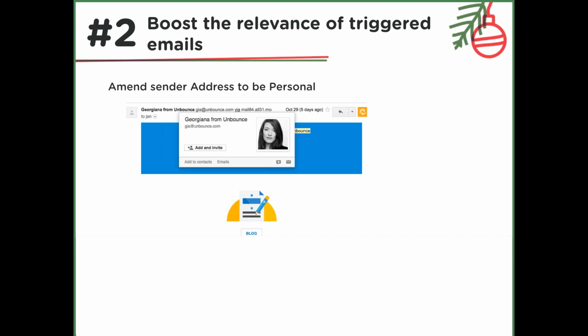But it's always nice to get an email from seemingly a real person. And I think especially in retail, to give that extra personal touch can never be a bad thing. So be mindful about your sender address. So that's tip number one.